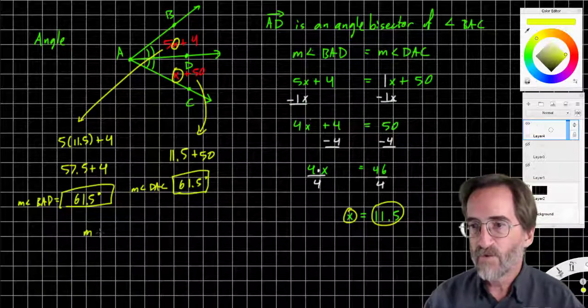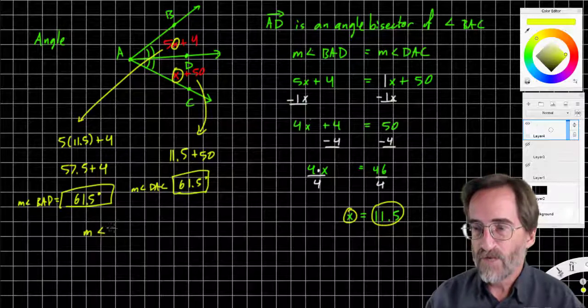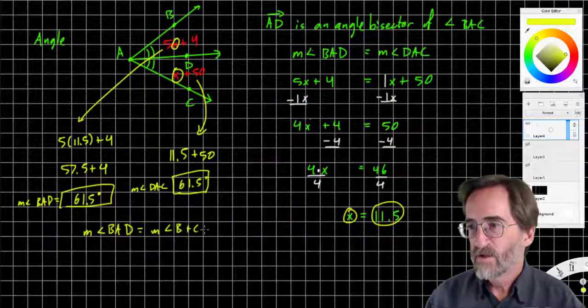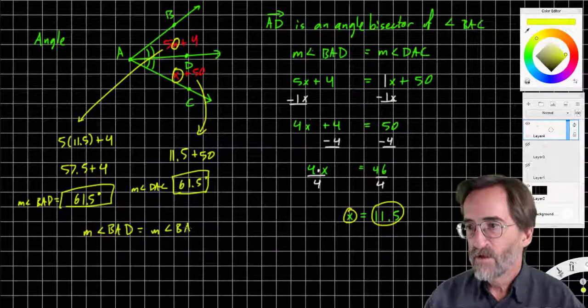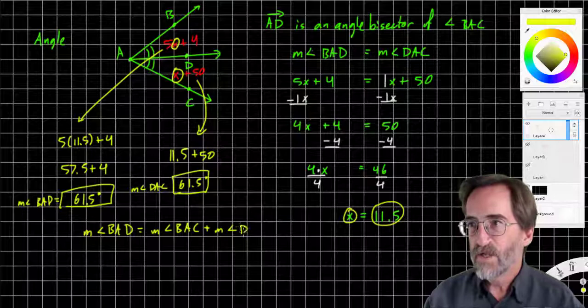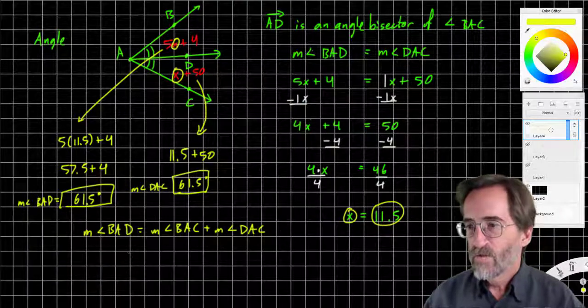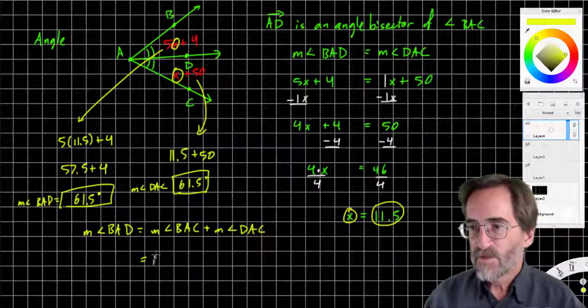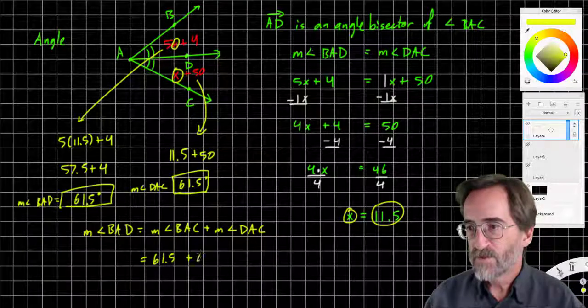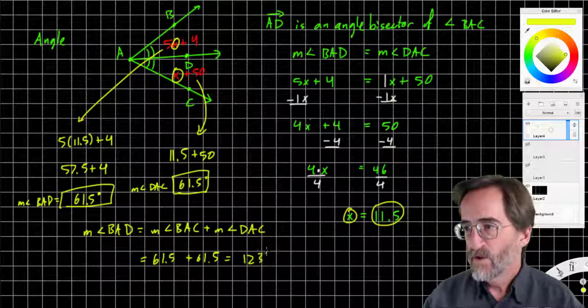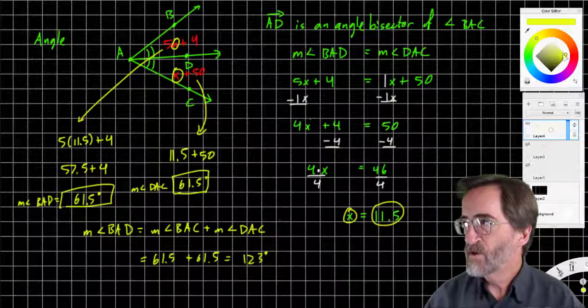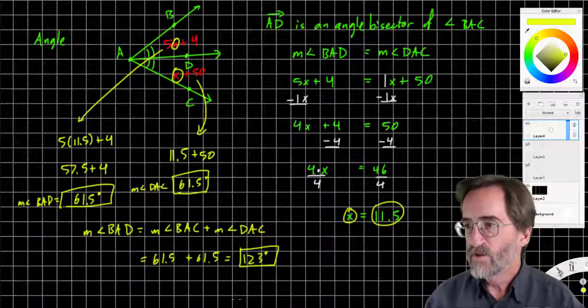And if it asked for it, we could give the measure of angle BAC as the measure of angle BAD plus the measure of angle DAC, which is 61.5 plus 61.5, which is 123 degrees. Always put units on your answer if it applies. Units in this case are degrees.